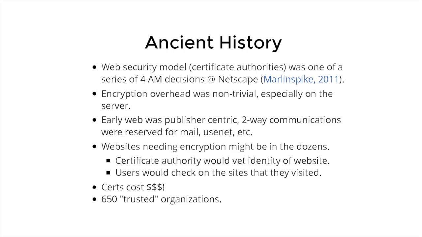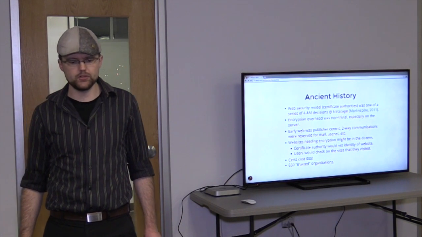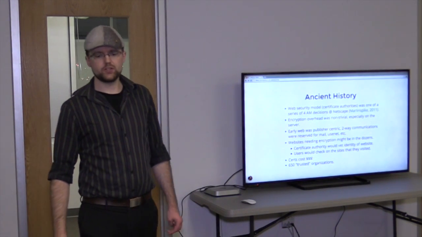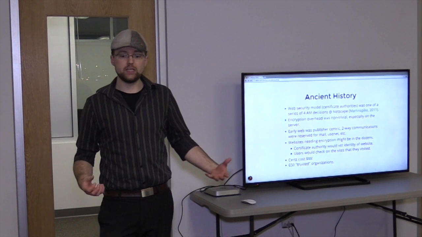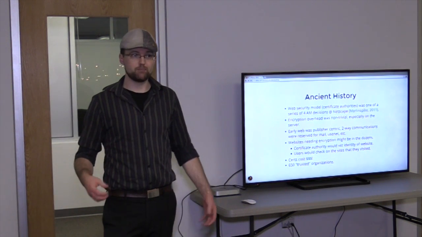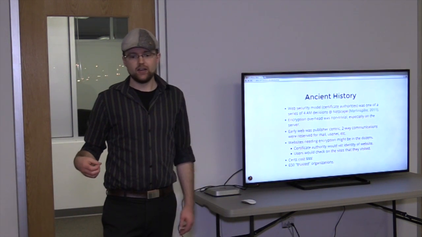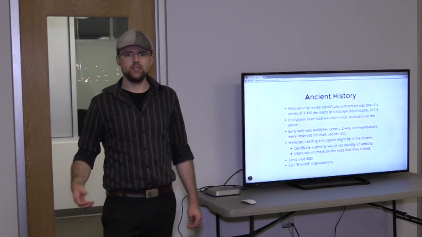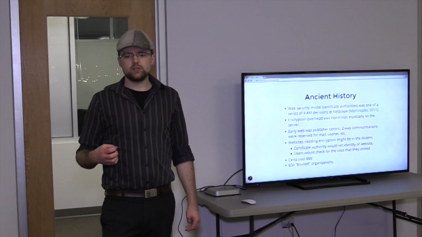The other thing is that back then encryption overhead was non-trivial. I believe at the time you had to pay RSA if you wanted to use RSA encryption. The early web was very publisher-centric, in that two-way communications were reserved for email, back when we called it email instead of just mail, Usenet, and other protocols like IRC.